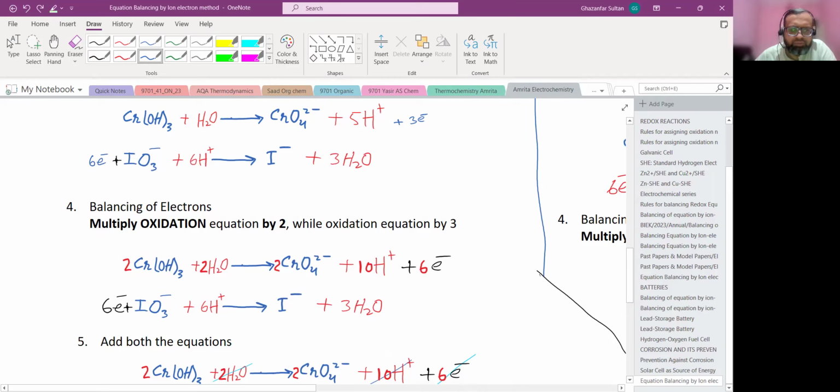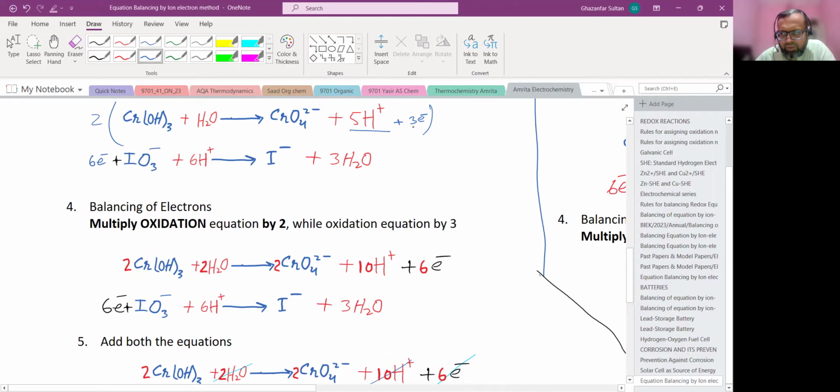we just multiply the oxidation equation by 2. So see what happens. 2 multiplied by 1, because if nothing is there, it means 1 mole is there, so it becomes 2. It was also 1, so it becomes 2. It was also 1, it becomes 2. And it was +5, so it becomes 10 hydrogen ions.